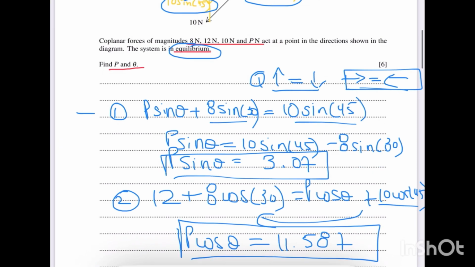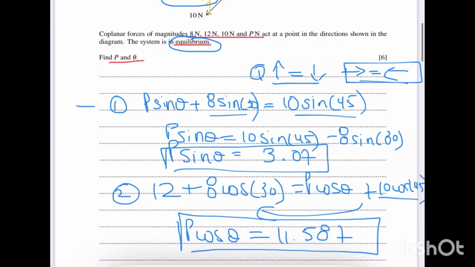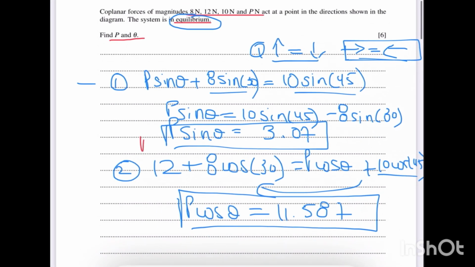Now we need to find the value of p and theta. If you look at these two simplifications, we have p as a common term, and we can also use another trigonometric identity, which is that sin theta divided by cos theta is equal to tan theta. So let's write p sin theta divided by p cos theta.